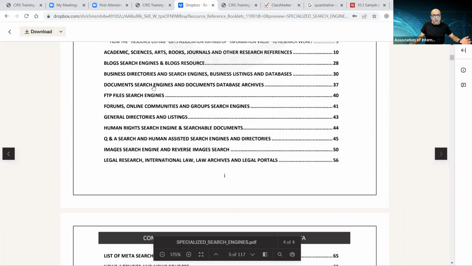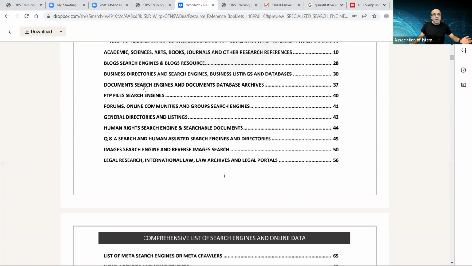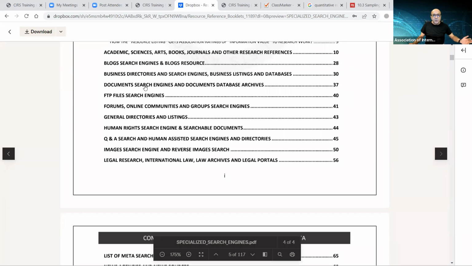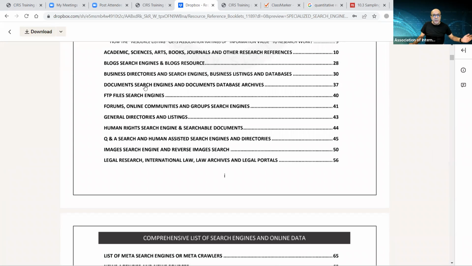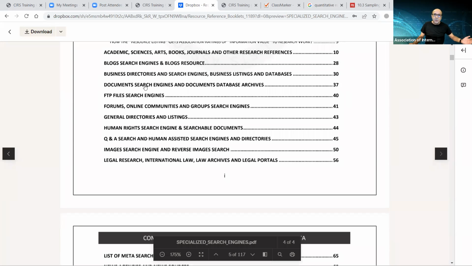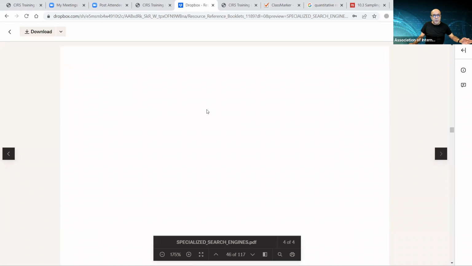Business directories, document search engines, there's a separate kind. I don't know if you knew this, but there are specialized search engines just to find documents, research papers on the internet. You could even do it with your search queries, but this one has a way of just drilling down into the documents, forums, online communities, groups. So if you click on any one of these, you can get a list.